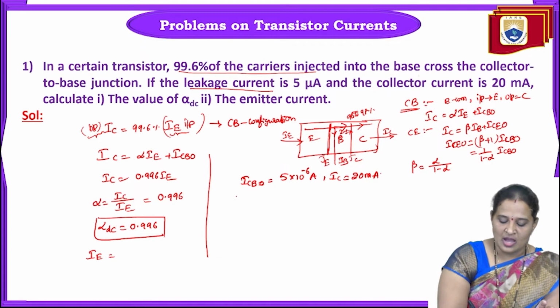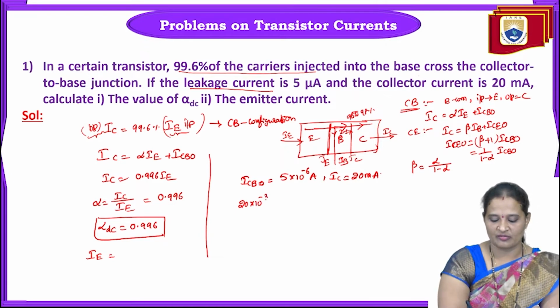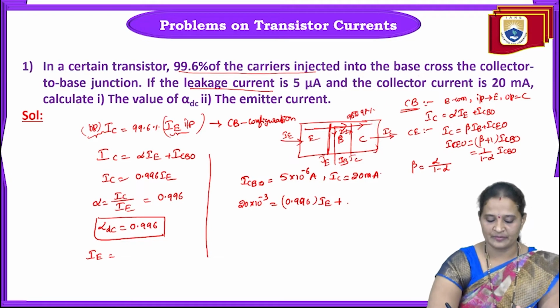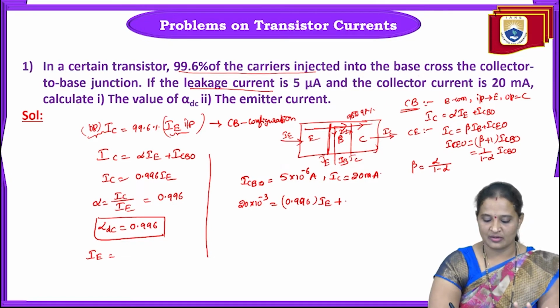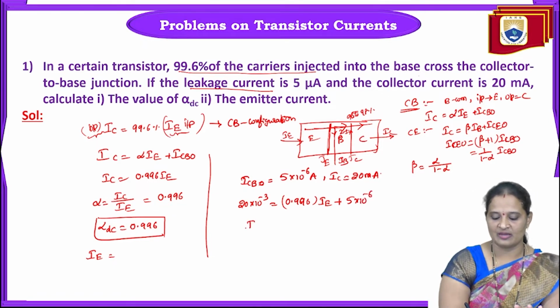As we know, the alpha DC value is given and the IC value is known, so substitute all the values. 20 into 10 to the power of minus 3 is the IC value. Alpha value is 0.996 into IE plus ICB0 value, 5 microamperes, 5 into 10 to the power of minus 6. Now I want to calculate this IE value.